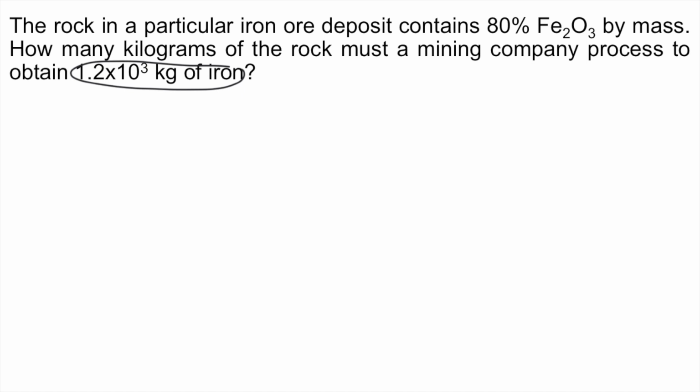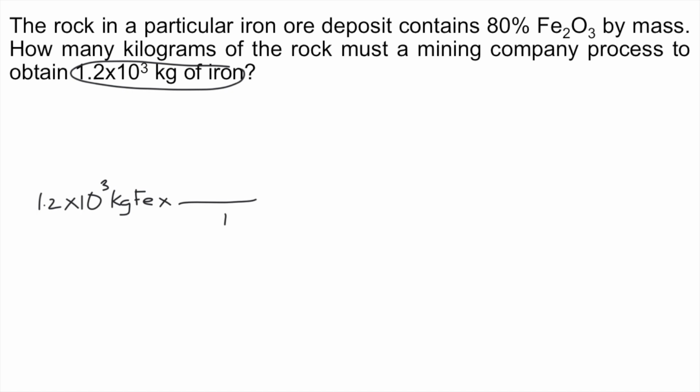So you write that 1.2 times 10 to the 3 kilograms of iron, or Fe. First thing you need to do is to convert this into grams.